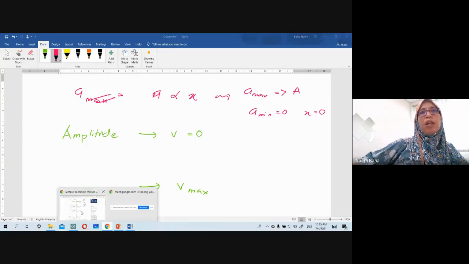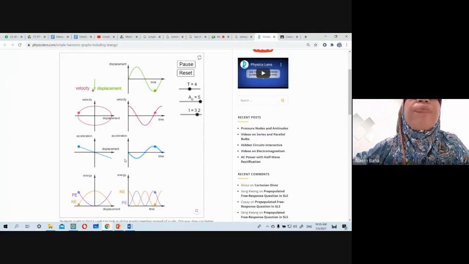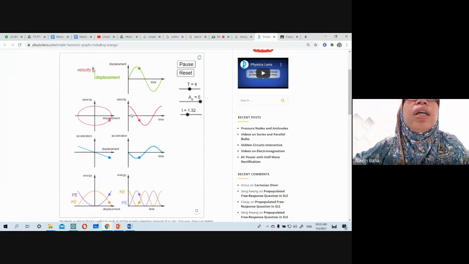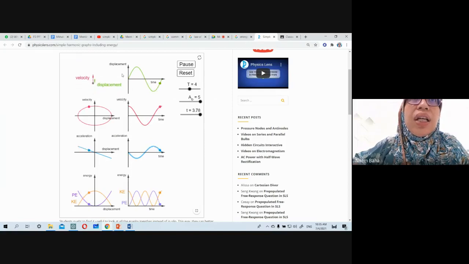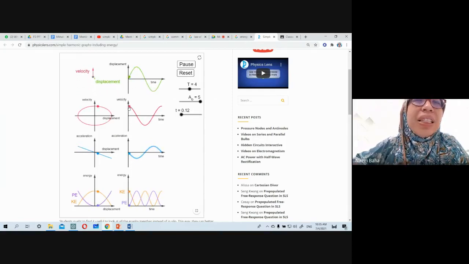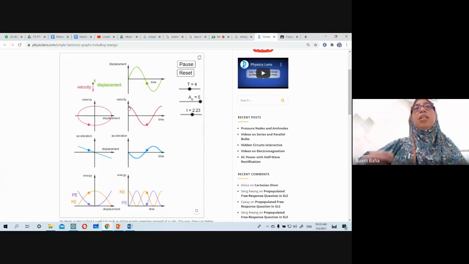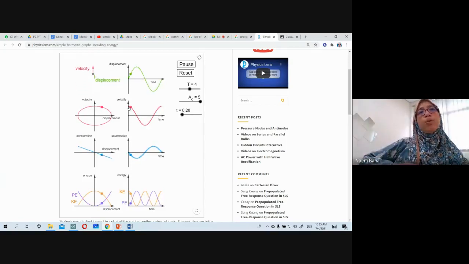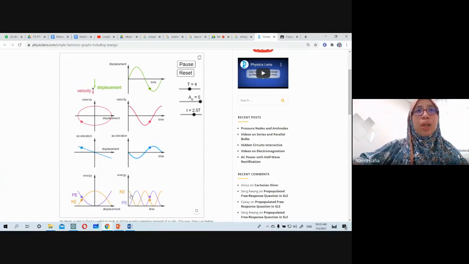Okay, we are talking about energy. We haven't yet reached there. Now, when we try to relate with the concept of kinetic energy, it only makes sense that when the velocity is at the maximum value, energy is fully converted into kinetic energy. And that's what we are trying to portray here. Look at the orange color.